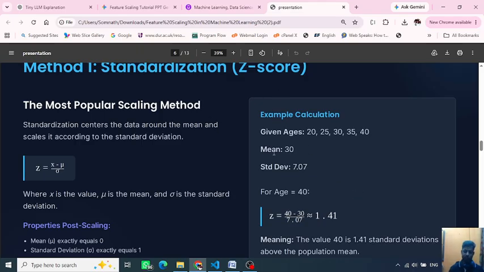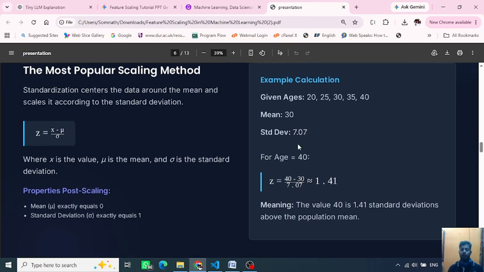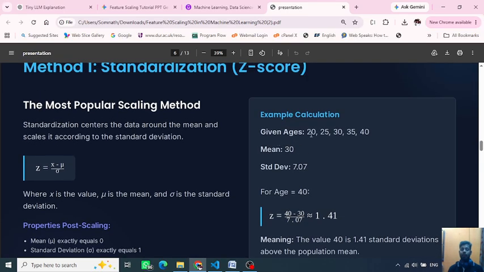Z-score or standardization. Okay, suppose we take an example like age. First, we have to find the mean, the average, right? And calculate the standard deviation, which is 7.07.